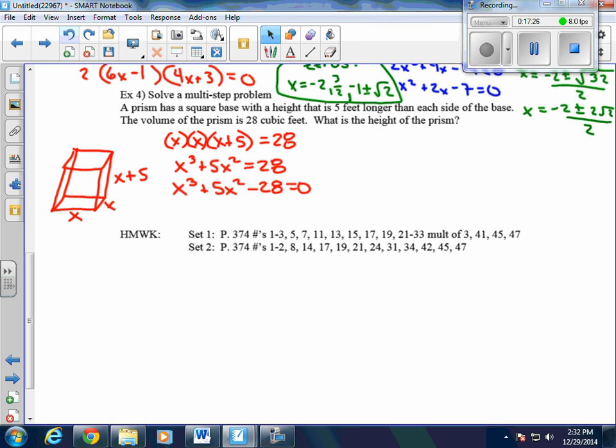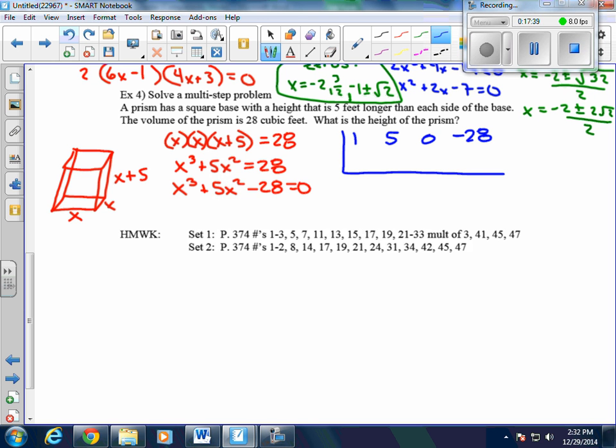So we're going to set up our problem to do so. We're going to have 1, 5, and again, we don't have the x column, so we have to have a 0 and a negative 28. So now we're going to try to find a number that works. Well, we know that it has to be a factor of this divided by a factor of that.